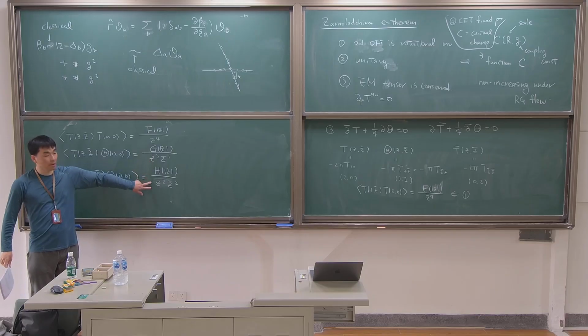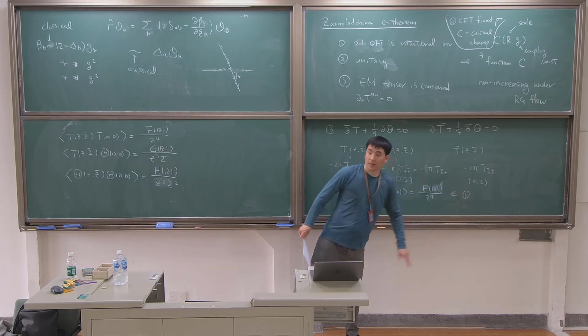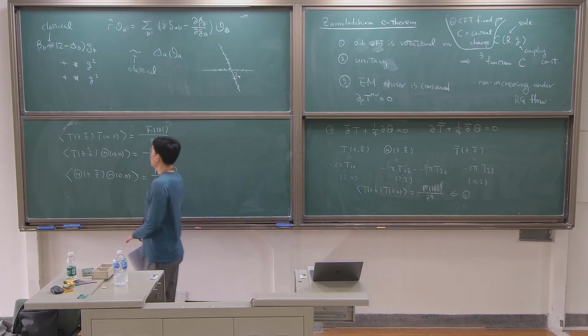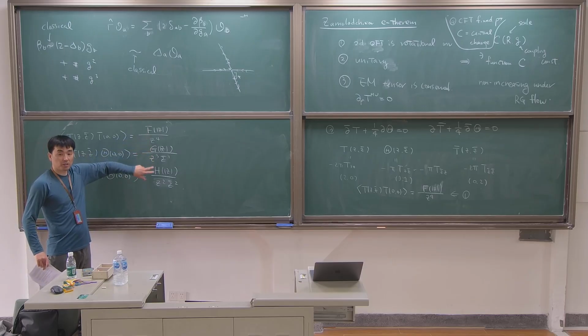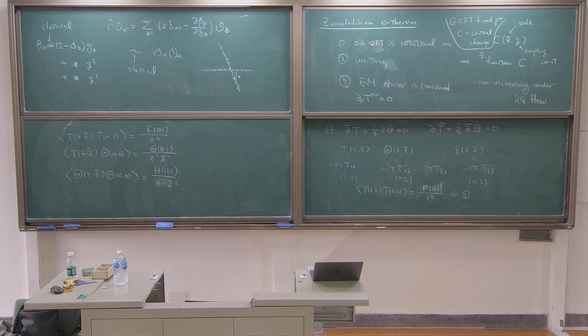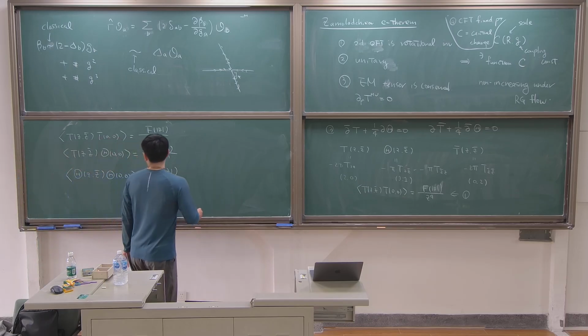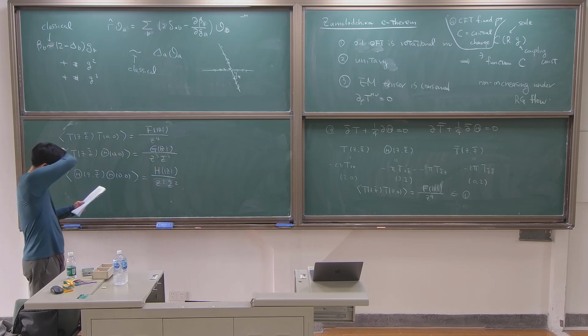Here, all the denominator comes from the holomorphic weight of the energy tensor, and the numerator is all dimensionless, depending only on the radius or distance between these two operators. So this is the assumption. I use assumption 1.